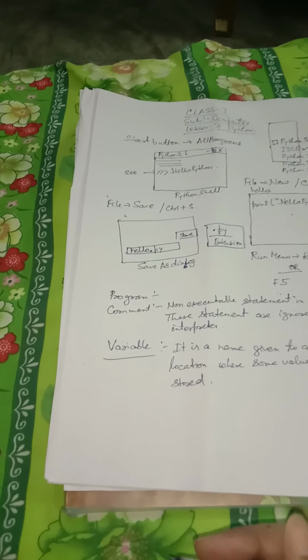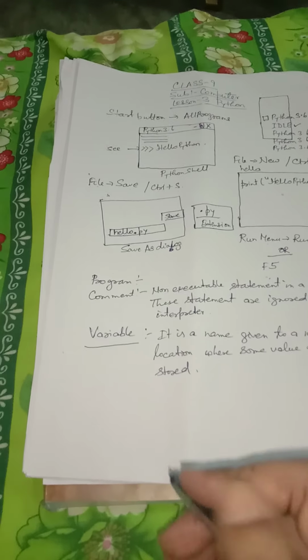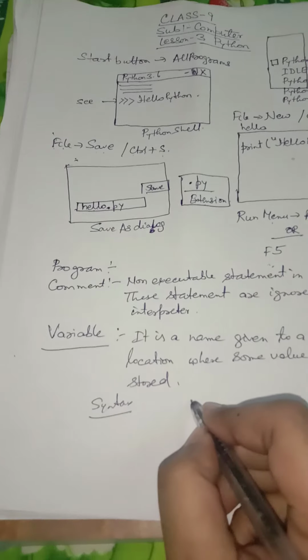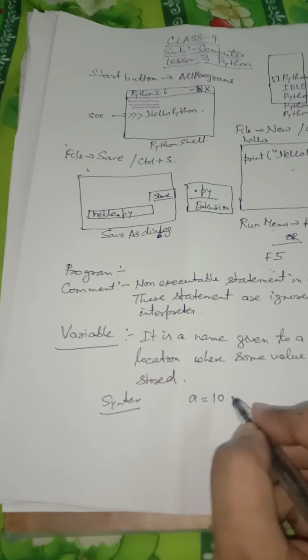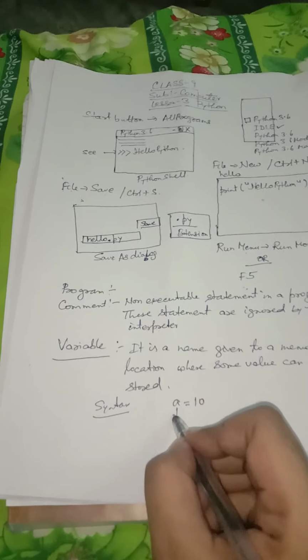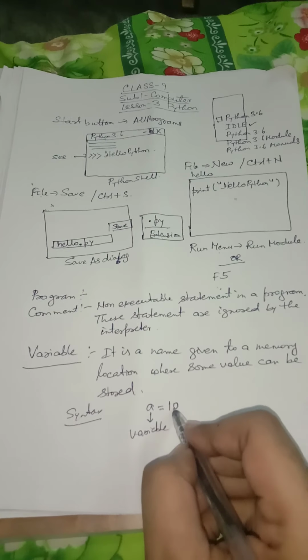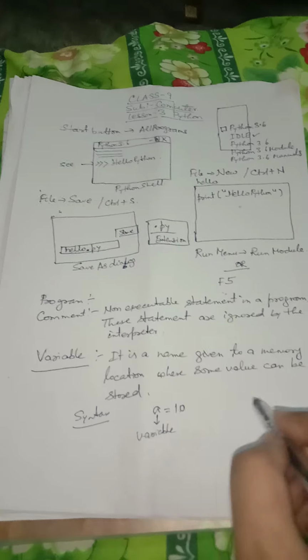Now, how should we write a variable? What is the proper syntax of writing a variable? Suppose I have written a = 10. So a is the name of the variable and 10 is the value stored inside a.